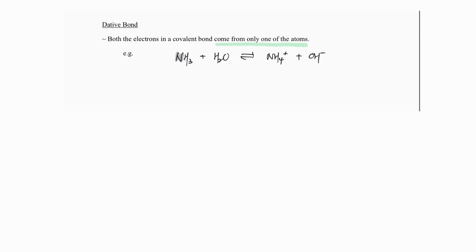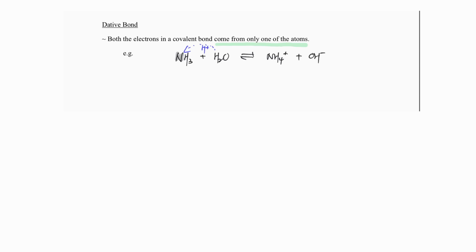So what happened here? In the reaction, water will donate H plus to ammonia. H plus will form a bond with NH3 in order to form ammonium ion, which is NH4 positive.